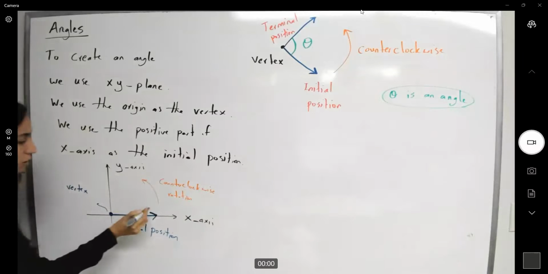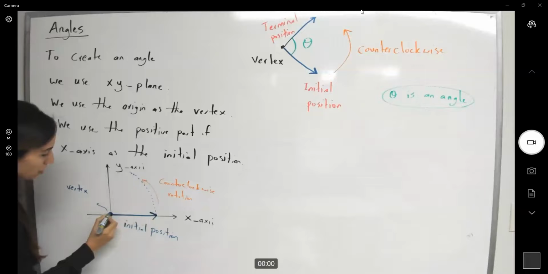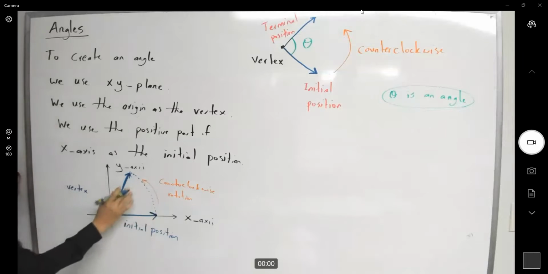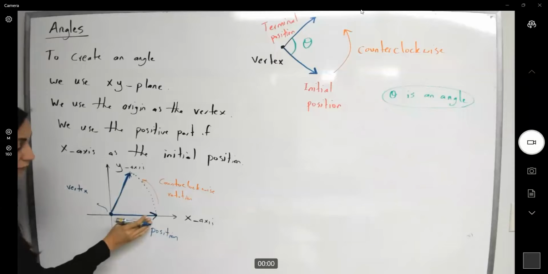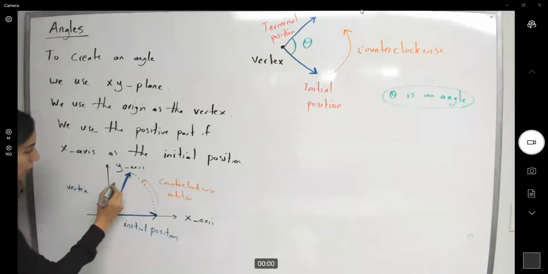I took this and I start rotating this, and suppose I'm stopping here. We call this the terminal position of the same ray, like the hand of a clock.